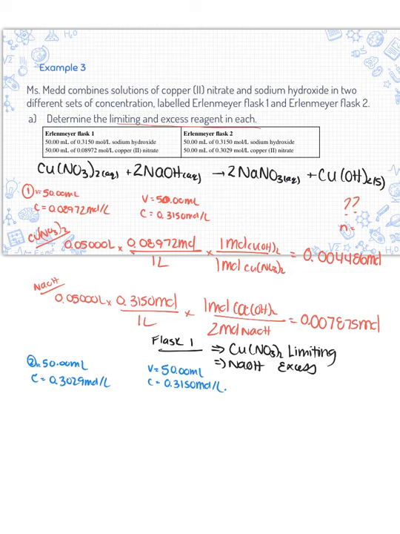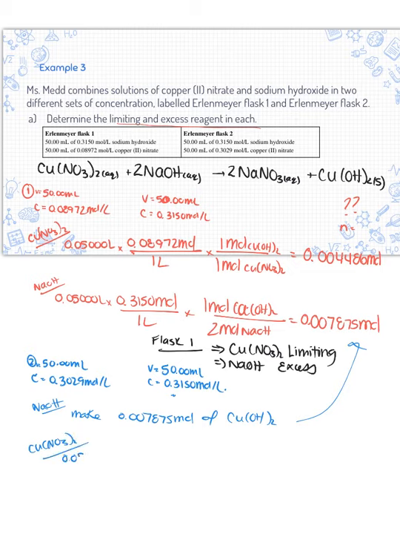So if this didn't change, it's the exact same thing as above. So NaOH can make 0.007875 moles of Cu(OH)2. Again, I'm just using the information here because it was exactly the same.